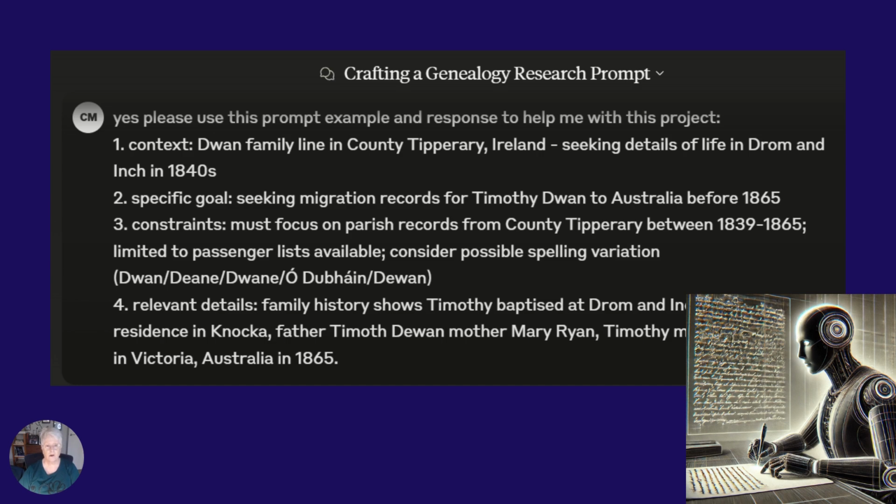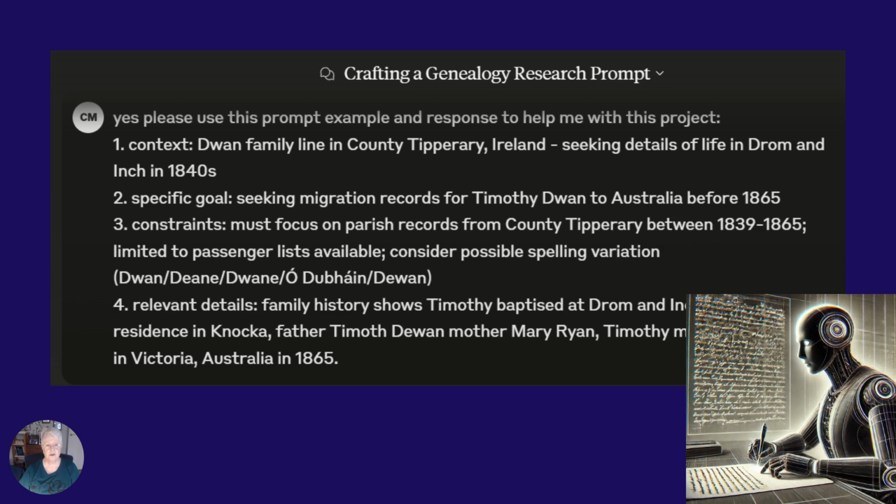My specific goal was seeking migration records for Timothy Dwan to Australia before 1865. Then I listed the constraints. It must focus on parish records from County Tipperary between 1839 to 1865, pertinent dates for Timothy.